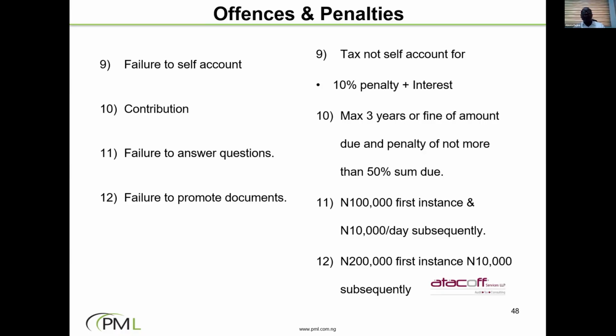If in the course of the work, the tax authority discover that you are contributing to the tax evasion, especially the staff, you will be penalized for maximum of 3 years imprisonment or fine of amount due and penalty of not more than 50% on the sum due. So if they find out that any of the staff possibly is aiding you in evading the tax, in not making necessary returns, they can punish such staff with maximum of 3 years imprisonment or fine of the amount due.